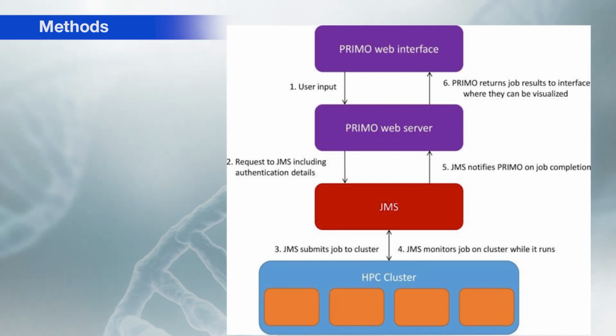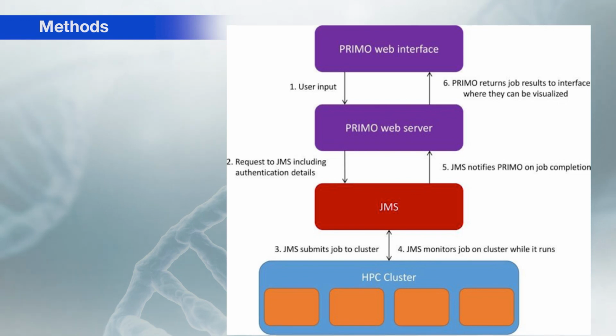Once the request has been compiled, it is sent to GMS, which submits the job to the cluster and returns the job ID to the PRIMO web server. PRIMO then simply gives a message to the interface that the job was submitted successfully, while GMS monitors the job on the cluster.